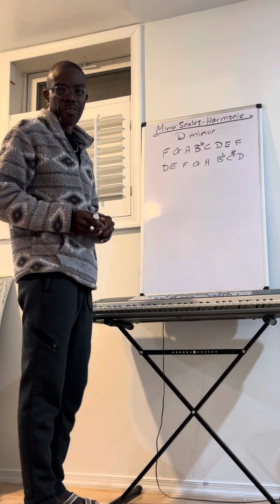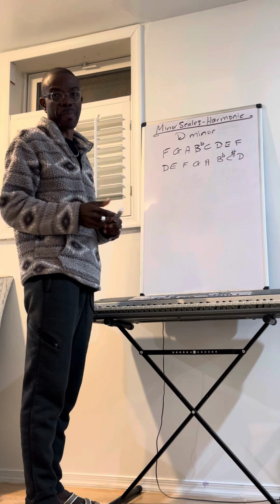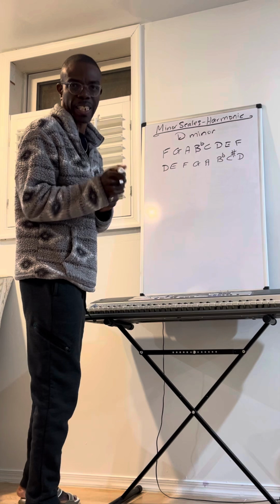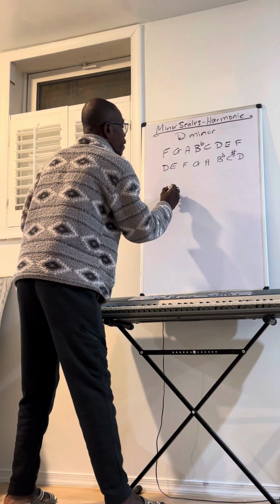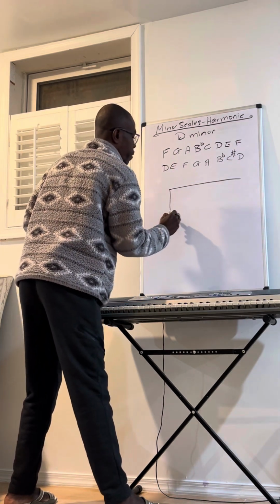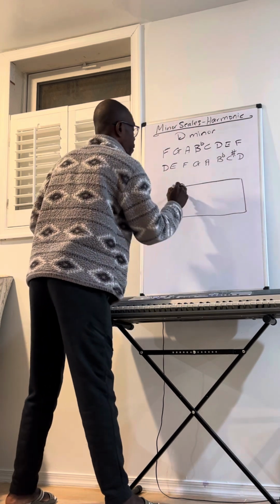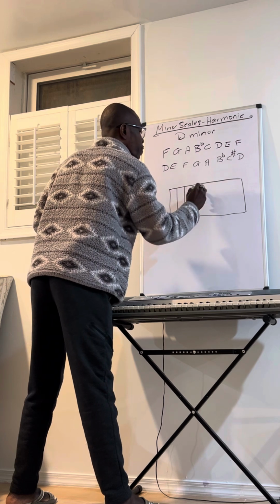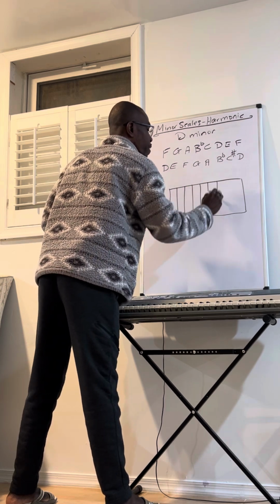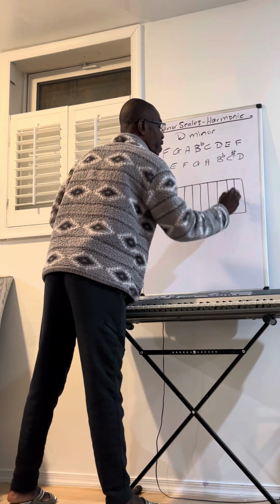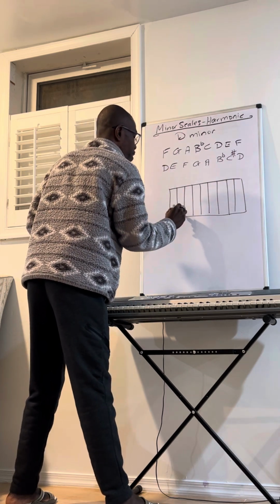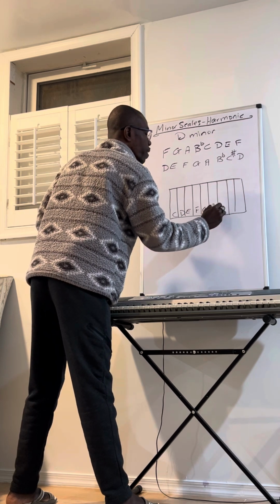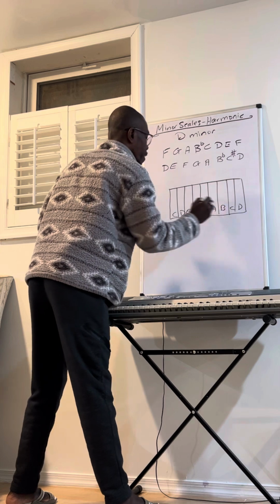Now, raising a note by a semitone, let's revisit this quickly. Here you have the keyboard. I like to use the keyboard to demonstrate this. So C, D, E, F, G, A, B, C, and D again.